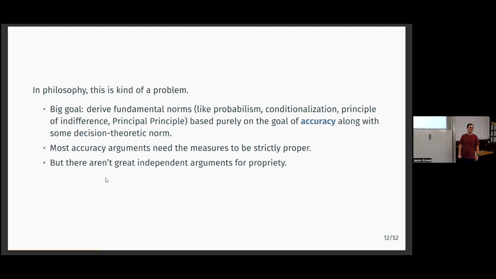People like statisticians are generally, not always but for the most part, going to be pretty happy coming in and saying, look, we're just going to assume everything is probabilistic. All forecasts are probabilities, at least in a lot of contexts. And conditionalization is the best way to revise your probabilities, whatever.